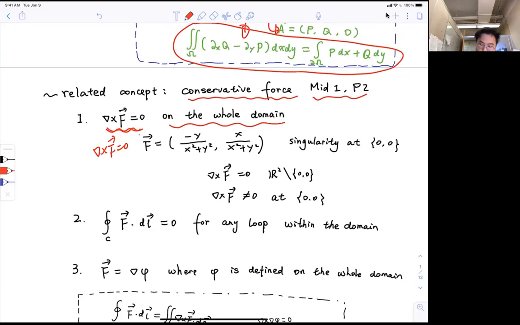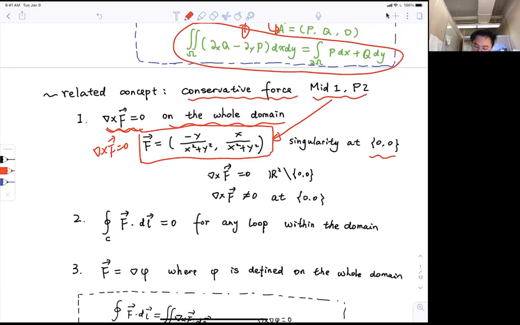So here I wrote down an example, which is from this midterm problem. The z component is 0. There are only two components. The x component is minus y divided by x squared plus y squared, and the y component is x divided by x squared plus y squared. So we notice that there's a singularity at the 0, 0 point.